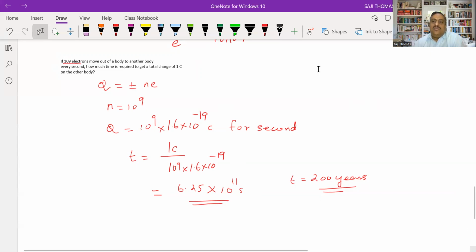Now we will do one more question from the textbook. I will give the question. This is example 1.3.